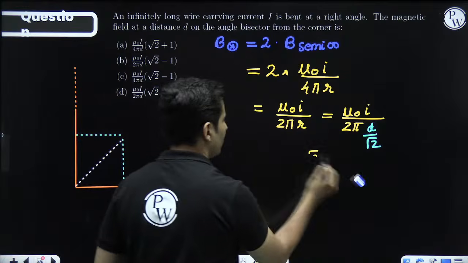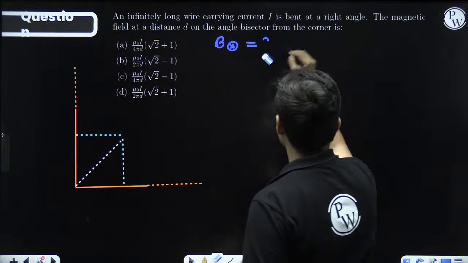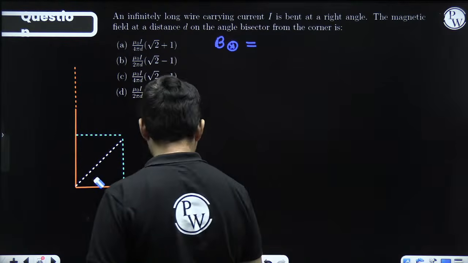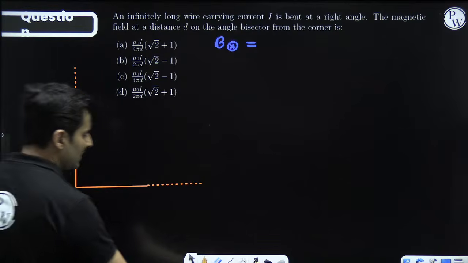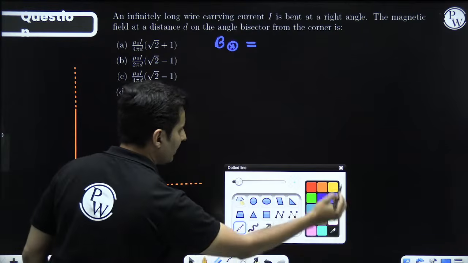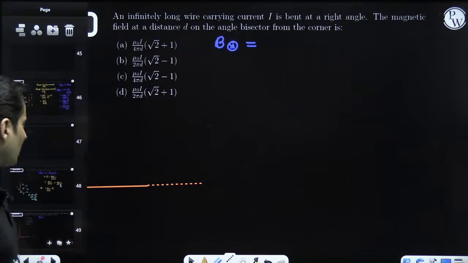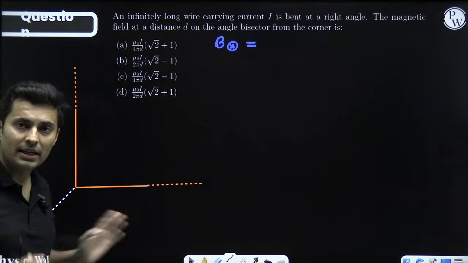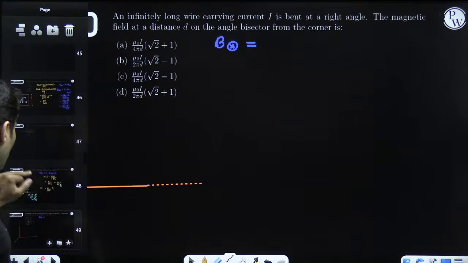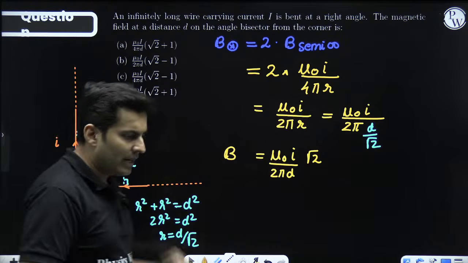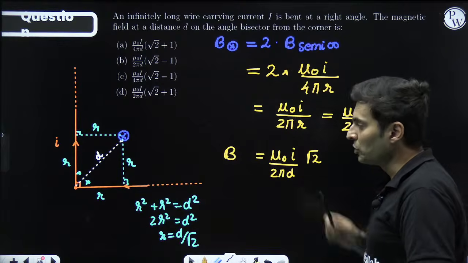If it is mentioned it is the angle bisector, but let's say it is on this side, then it will be a completely different answer. Now coming back over here, a lot of people make this mistake while solving this question.